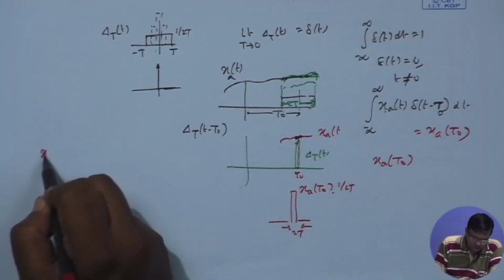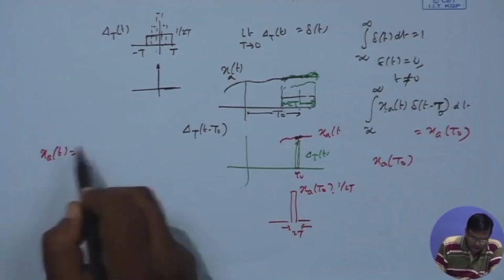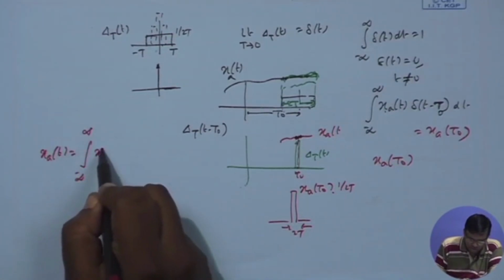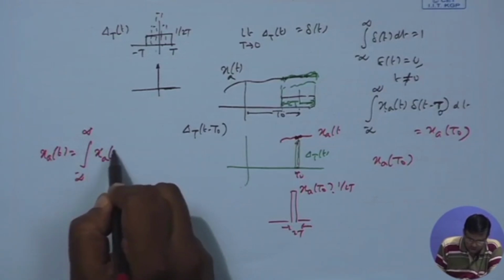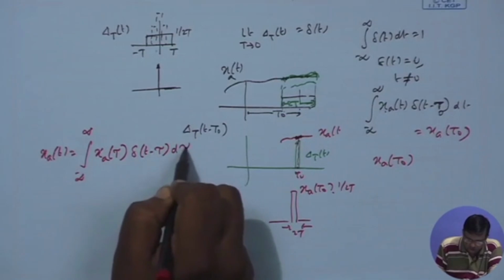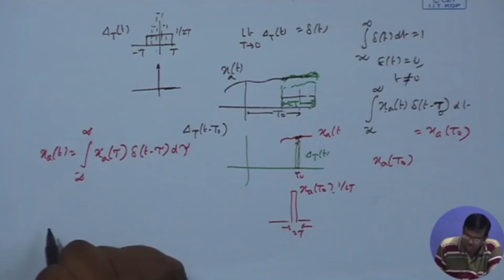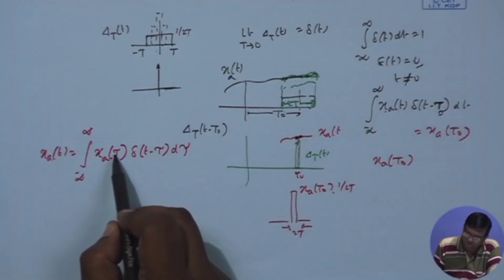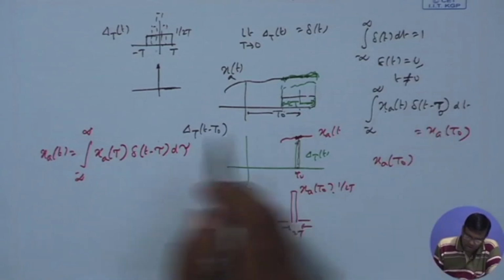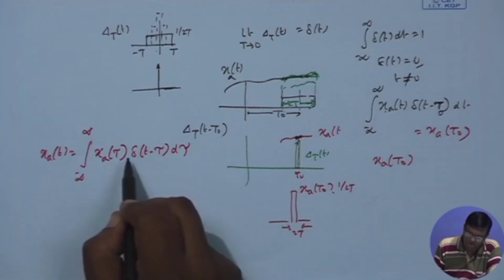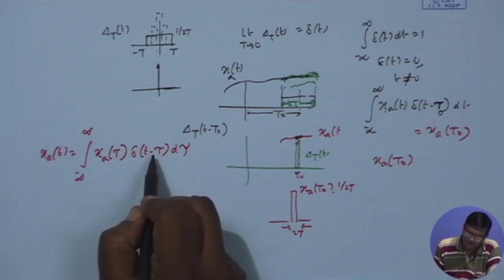So that means x_a(t) can be written this way also: the integral of x_a(tau) delta(t minus tau) d tau. Instead of the integration variable small t, I am choosing small tau, and delta(t minus tau) or delta(tau minus t) are the same, because delta(t) equals delta(minus t).